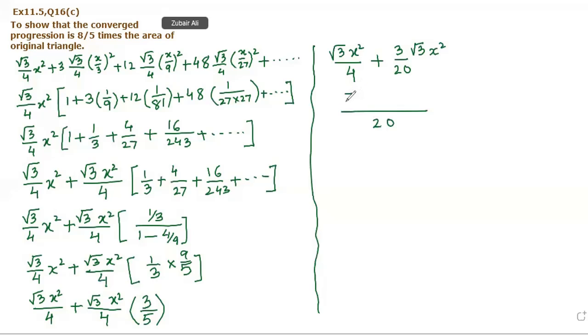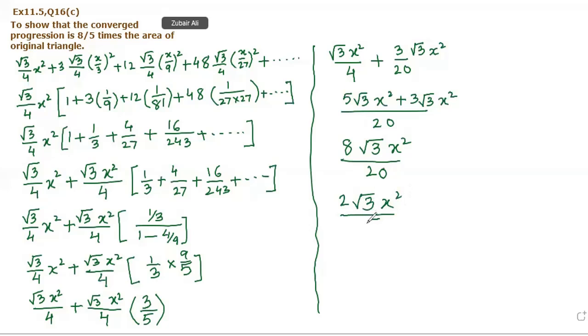So 5 root 3 x square plus 3 root 3 x square, which will be equal to 8 root 3 x square upon 20, and which will become finally equal to 2 root 3 x square upon 5.